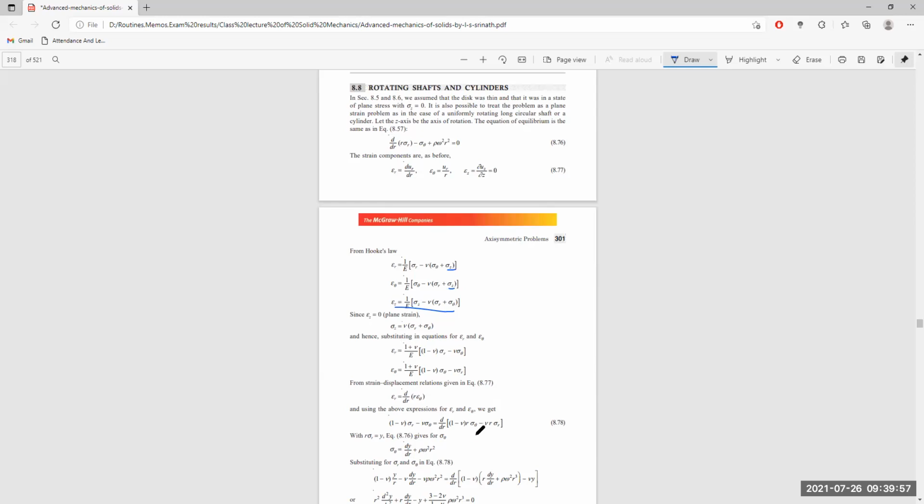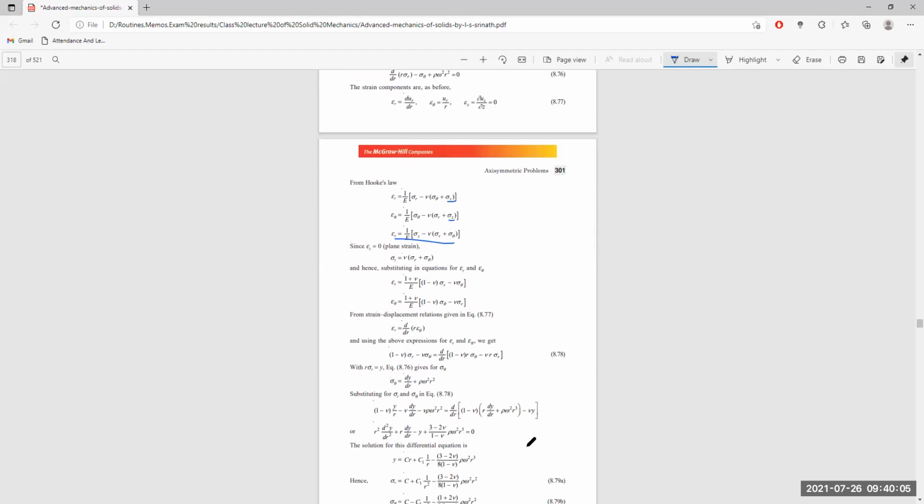Now substituting for sigma r and sigma theta, and after simplification and putting everything together, we get r square d2y by dr square plus r dy by dr minus y equal to minus (3 plus mu) into (1 minus mu) omega square rho r cube, equal to 0 itself.